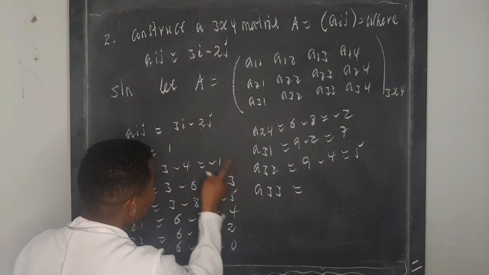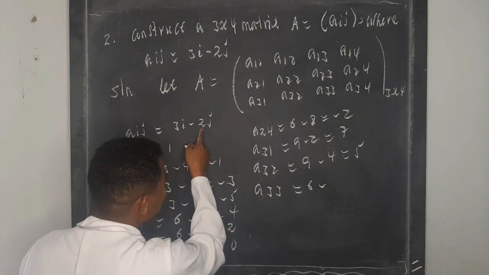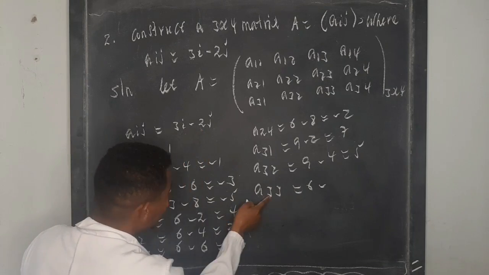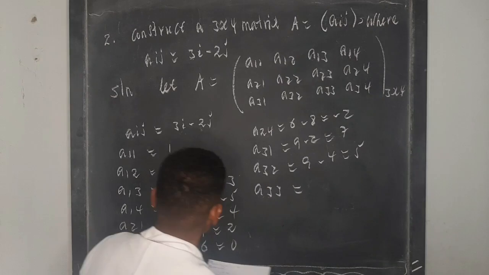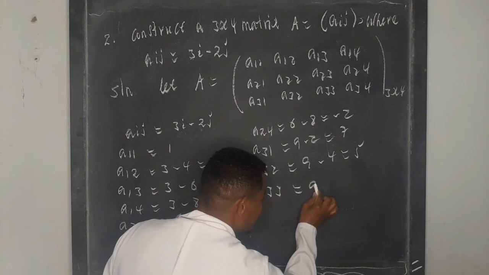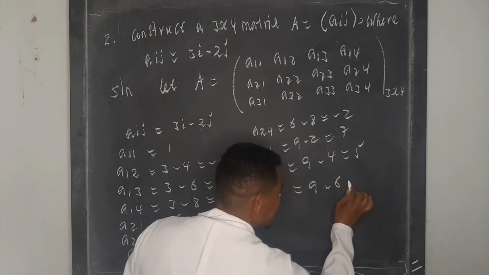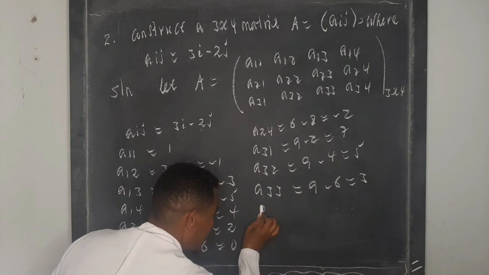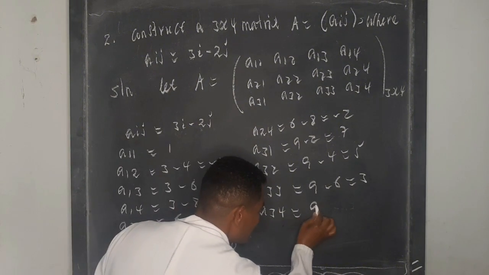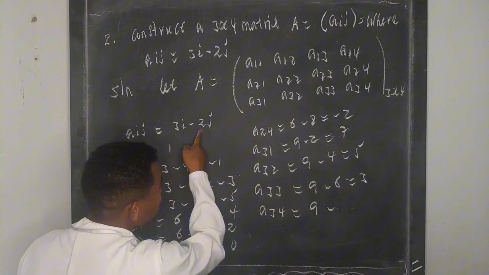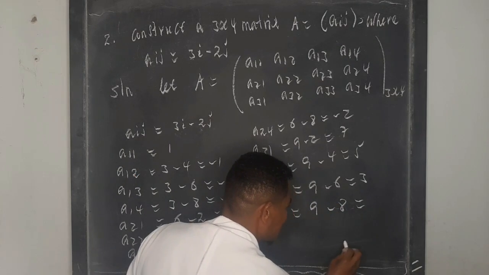a33 is equal to 3 times 3 is 9 minus 3 times 2 is 6, so 9 minus 6 is 3. a34 is equal to 3 times 3 is 9 minus 4 times 2 is 8, so 9 minus 8 is 1.